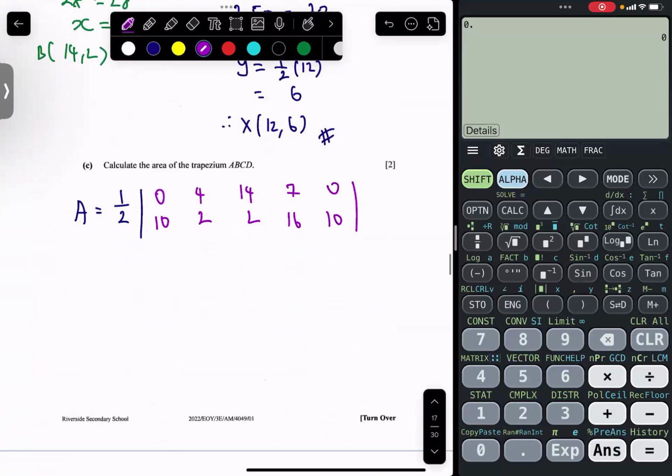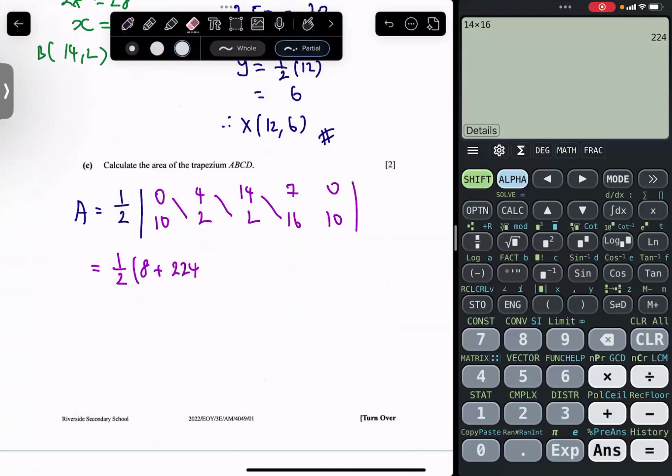So it equals half bracket, this is 8 plus 14 times 16, 224, plus 70, minus half of 0, 14 plus 28 plus 40.